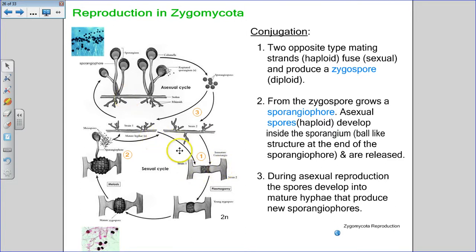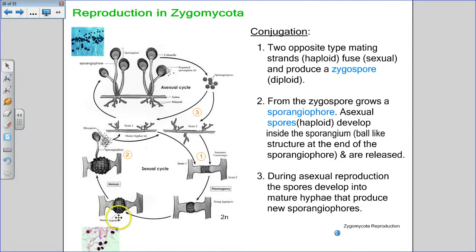Okay, so this is a strain or a hypha that has one set of chromosomes, and a second strain or hypha that has another set of chromosomes, and when they unite, they form a zygospore. Just like when our egg and sperm unite, they form a zygote. In the fungi, when the two hyphae unite, then we get a zygospore.